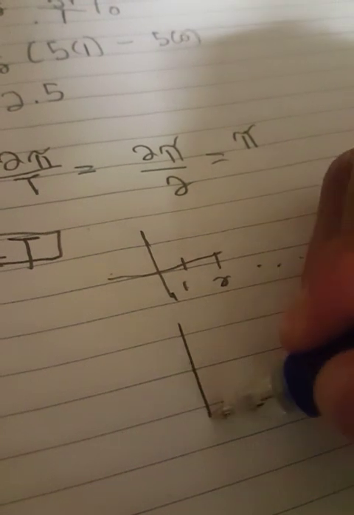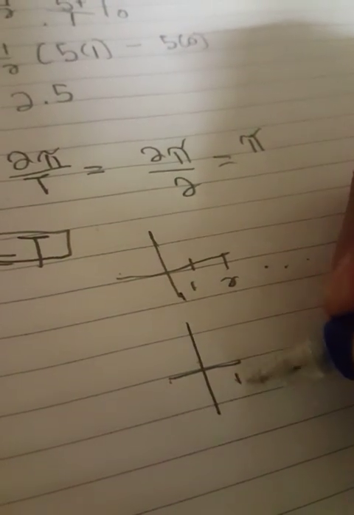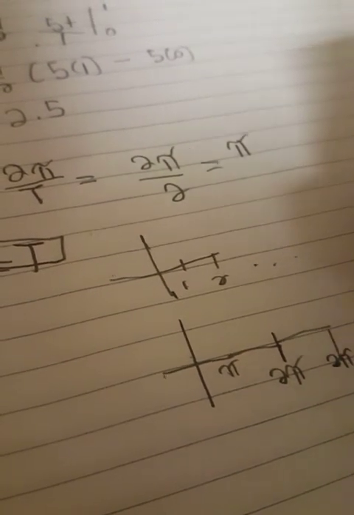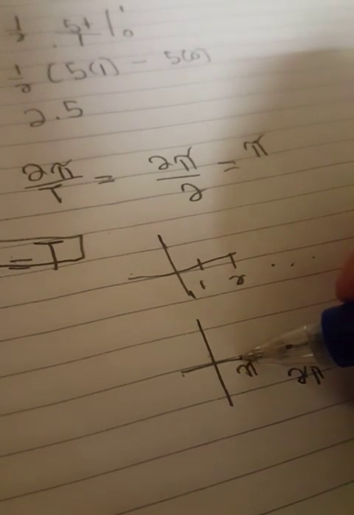So therefore, this becomes 2 pi, this becomes 3 pi, etc. So this gives us the terms here. Cool? Cool. Now what do we do with this newfound knowledge?